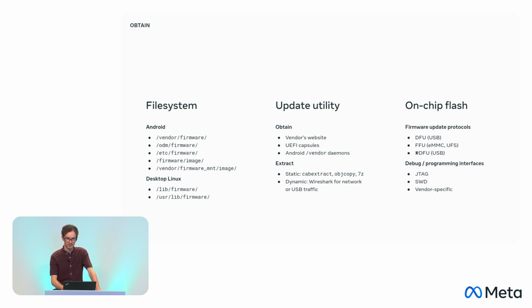Sometimes the device will, if it's like an external peripheral, have support for some standardized update protocol like DFU for USB. But in general, this is the hardest option over here on the right. And it's going to take a lot of work looking at one specific device before you can figure out a way to get at the firmware.